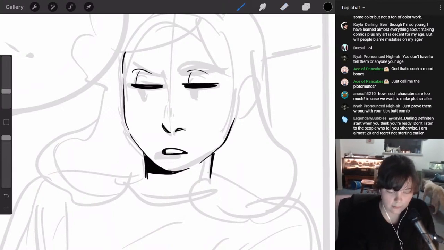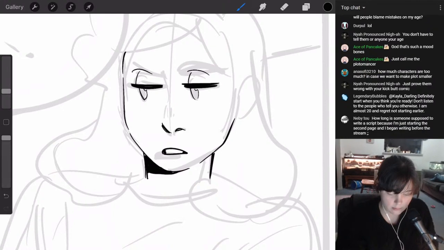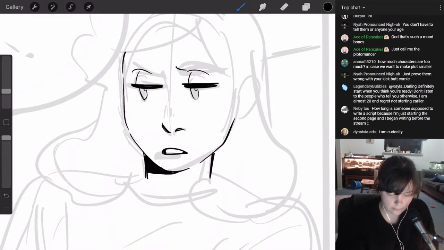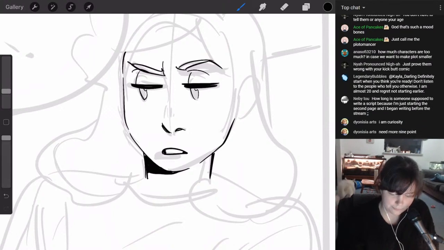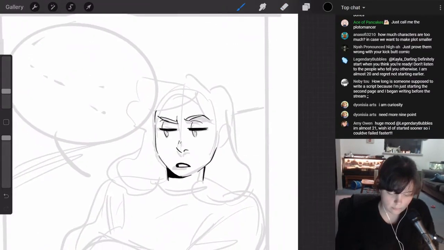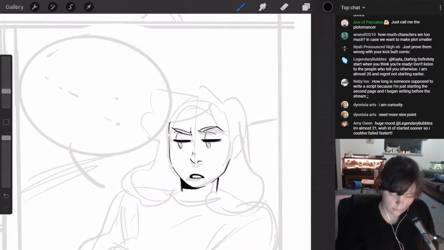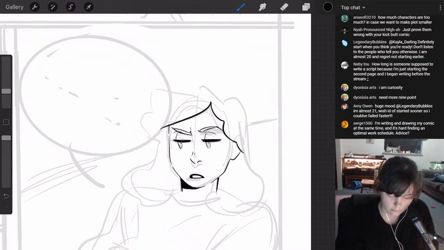How many characters is too many, in the case we want to make a smaller plot? Two main characters is good. Two to three, with your third character not having their own plot but being a major supporting character. So two to three essential characters, and then maybe a handful of side characters, like three.